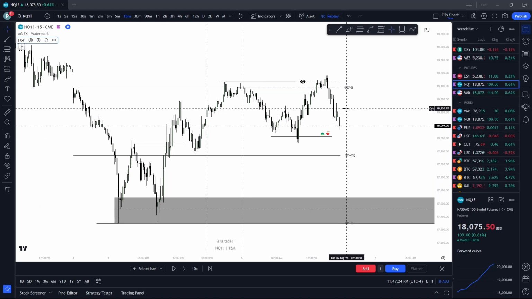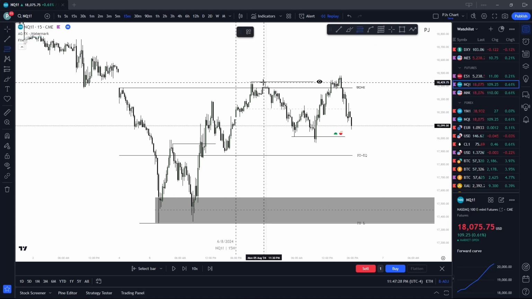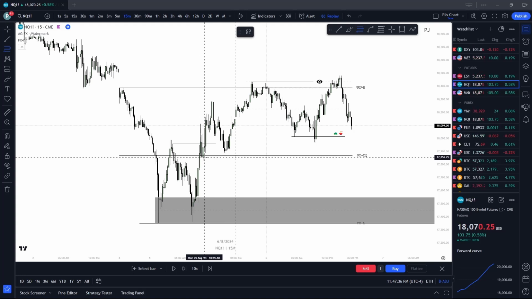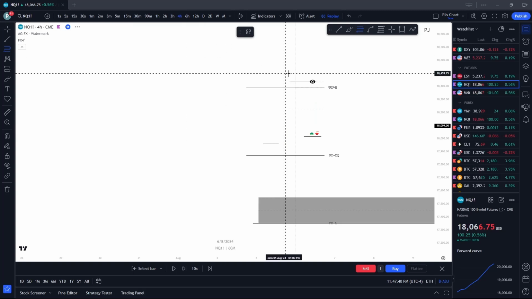We also see inside of the lower time frame range, between this low and this high, with this low being protected and this low being protected, following the turtle soup sequence.